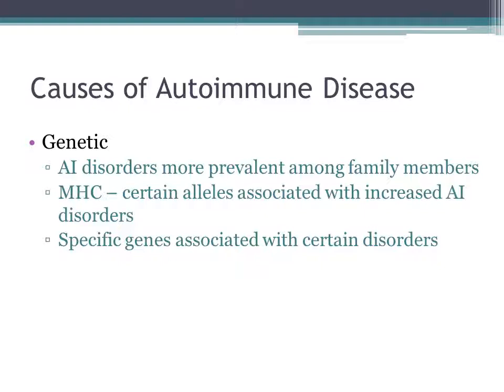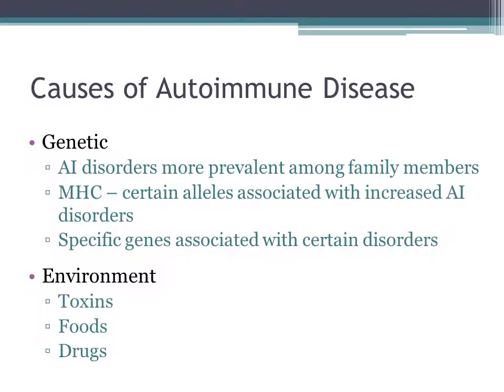We know that certain MHC alleles are associated with autoimmune disorders, and over and above the MHC genes, there are other genes that are associated with certain disorders. Environmental factors can include things like exposure to toxins or certain foods or certain drugs.